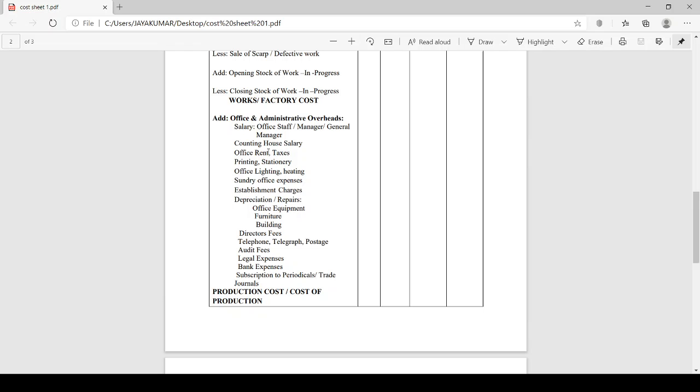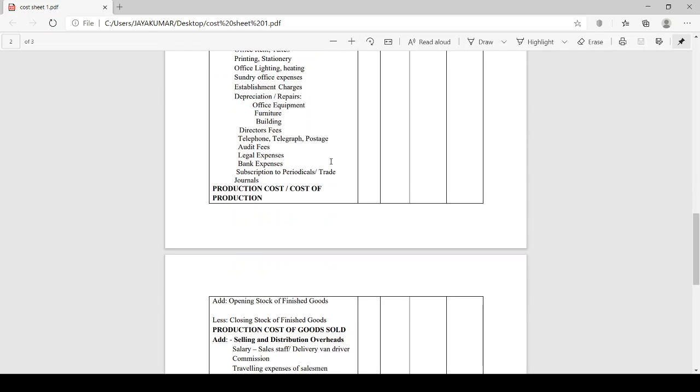So that is considered as office overheads: office rent and taxes, printing and stationery, office lighting and heating, sundry office expenses, establishment charges, depreciation or repair of the office equipment, furniture, building, directors' fees, telephone, telegraph, postage. We had telegraph, and we don't have it now, isn't it? Postage, even postage charges are very less now. Why? Because we live in a world where information is sent within a fraction of a second actually.